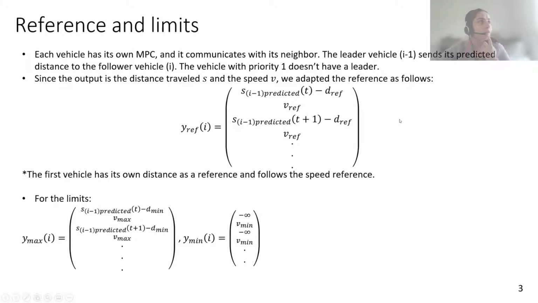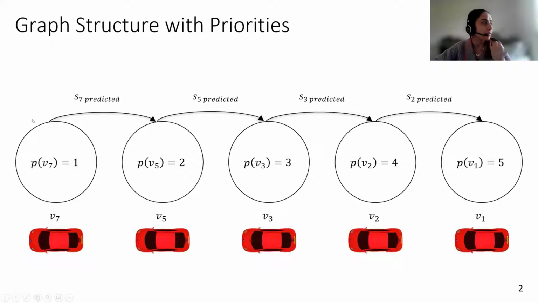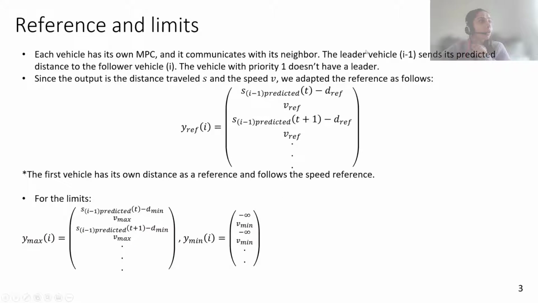The first vehicle does not have a leader, and the last vehicle does not have a follower. So for the first vehicle, this would be its own predicted distance.